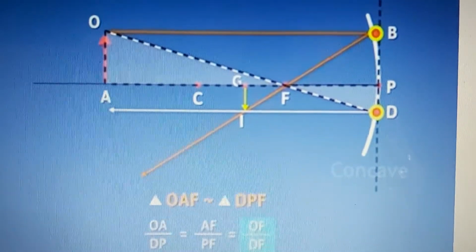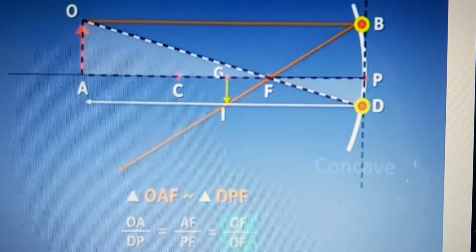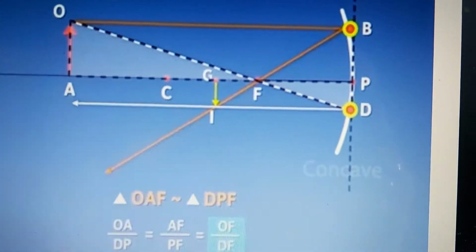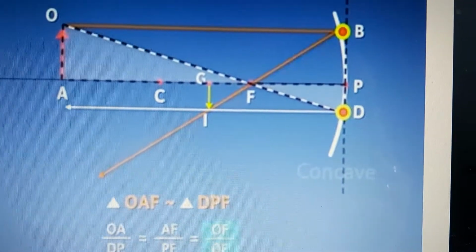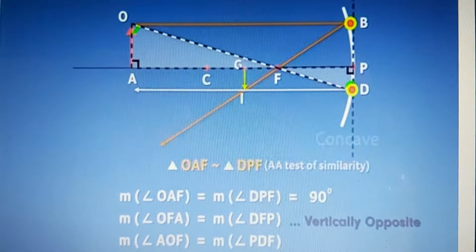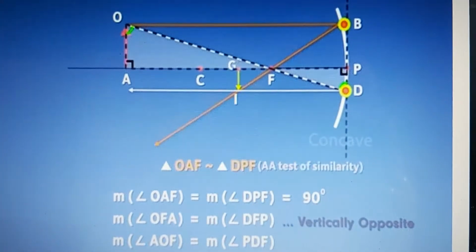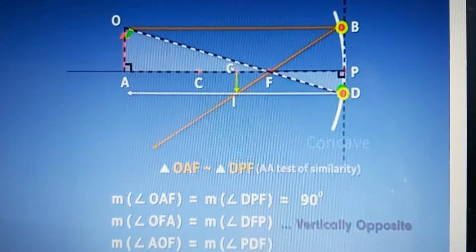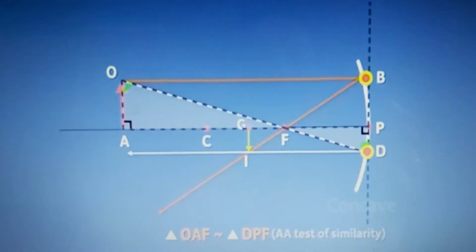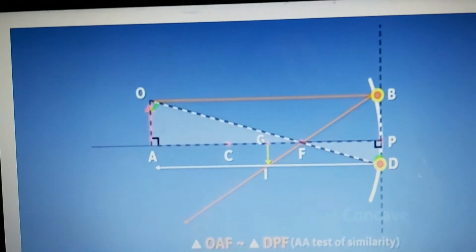This is because the aperture of the mirror that we are considering is much smaller than the radius of curvature. Because of this smaller aperture, these distances are very small, so we can assume these two points to be on the tangent, and treat these two points as one point and these two points as one point.